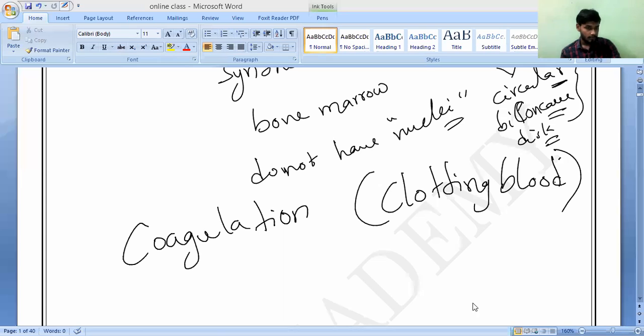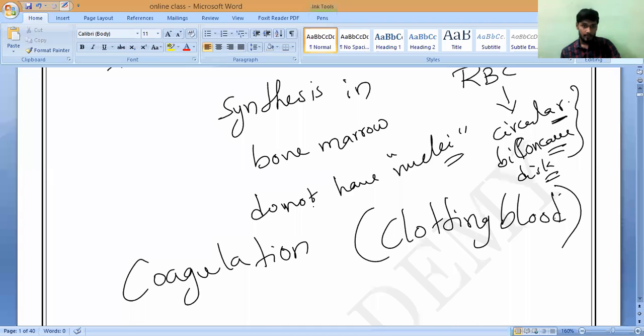What should we call them? Stem cells. All these blood cells are made in the bone marrow, from particular cells in the bone marrow, which we call stem cells.